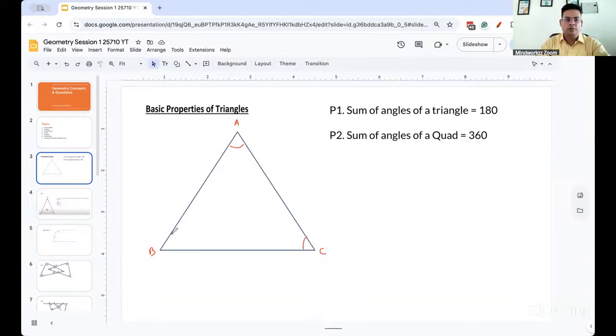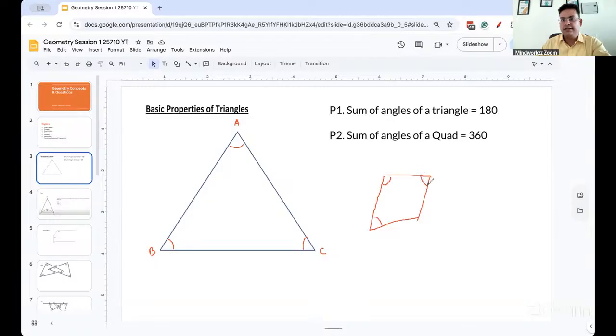We all know. Second is the sum of angles of a quadrilateral. A quadrilateral is any polygon having 4 sides. So if you have something like this, the sum of all the angles of this polygon, the sum of all the internal angles.